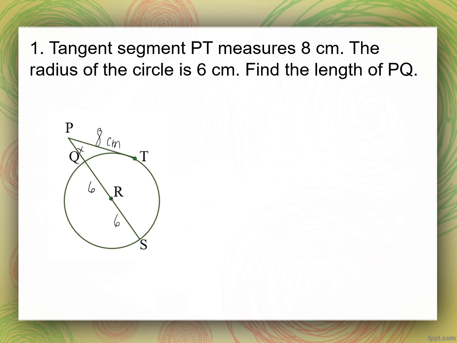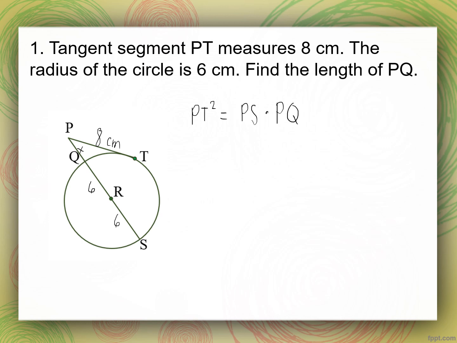Now we have here tangent and secant, so we will be using the tangent-secant power theorem. So again, first thing is to square your tangent segment. So we will have PT squared will be equal to, for the secant one, the total length, which is PS, times the external segment, which is PQ.